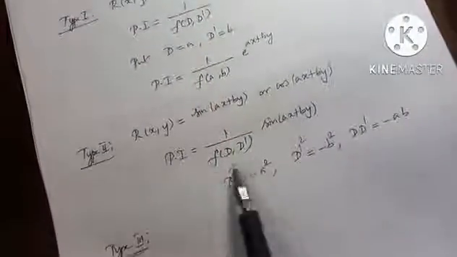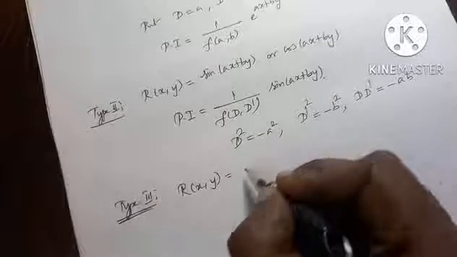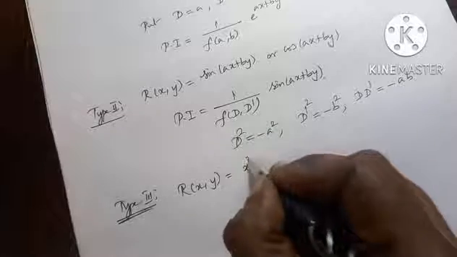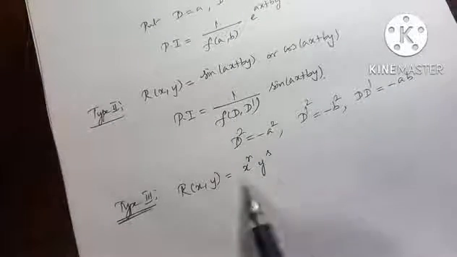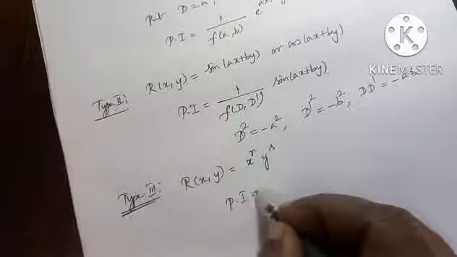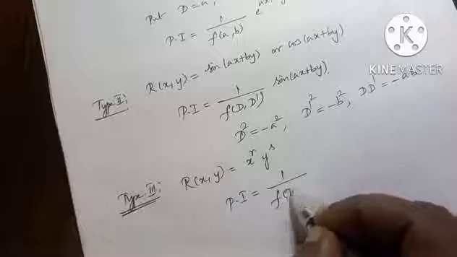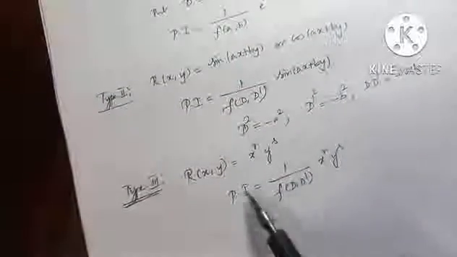Okay. Here is type 2. What is type 3? If R of x comma y is equal to x power r, y power s, a polynomial in x and y, our PI is 1 by function of D comma D dash into x power r, y power s. Symbolically we write PI.